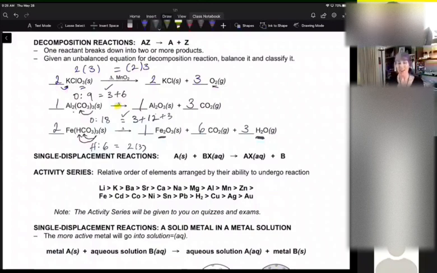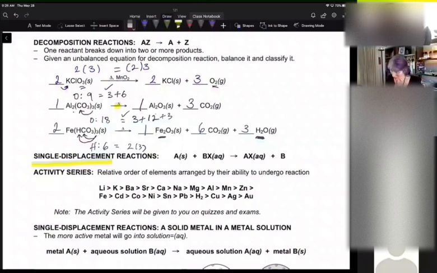Now we're going to move to another reaction type, and this one is a single displacement or single replacement. This is a redox reaction because you might have a metal that has 0 charge, and then it's going to form some kind of a cation. So the charge is going to change in a single replacement or single displacement.